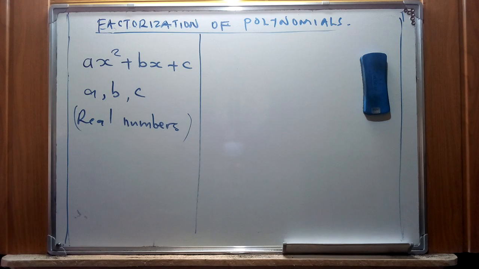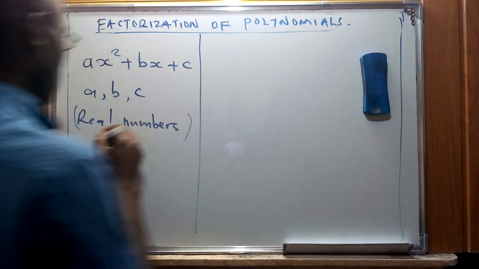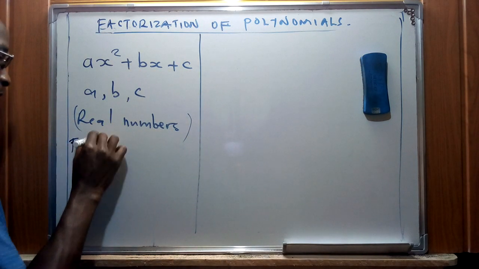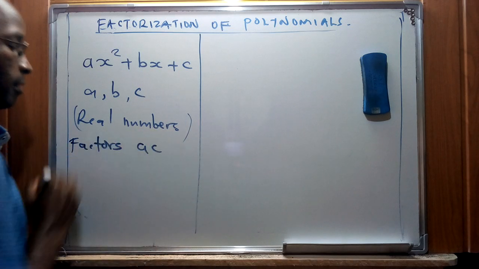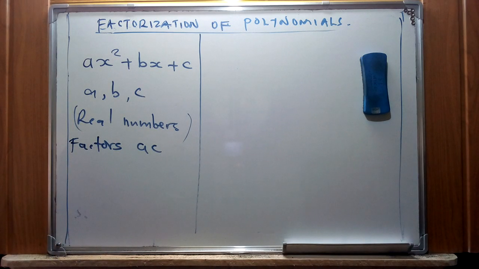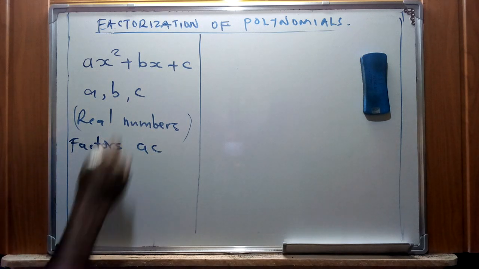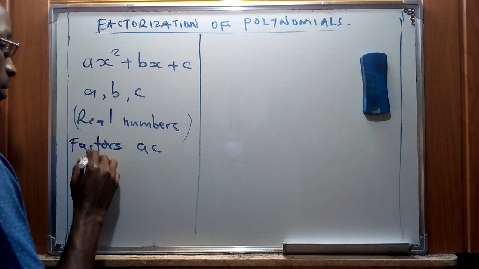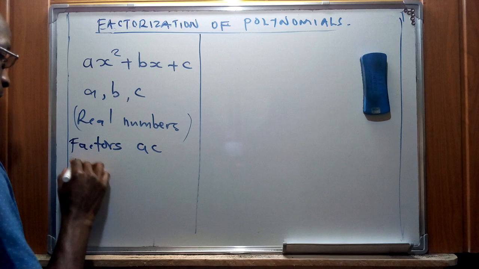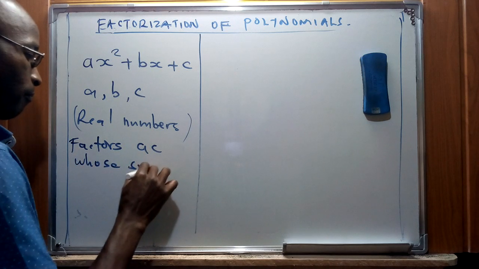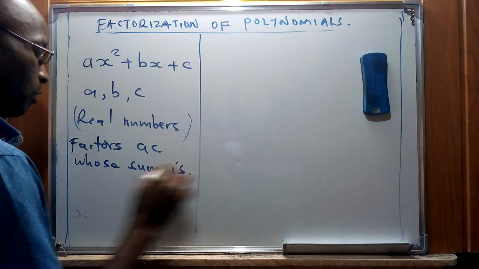So from this, we are going to see that to find the factors of this specific polynomial, we're going to use this expression whereby we're going to find the factors of the product AC whose sum is b.